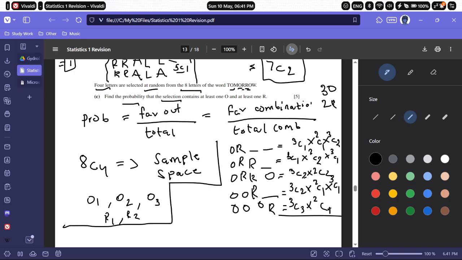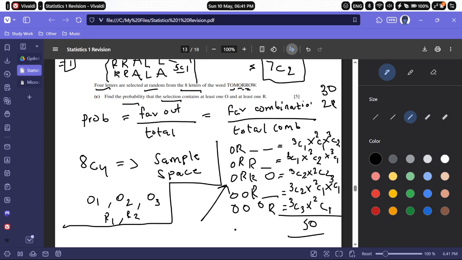This gives you 50. Why did you do 3C2 into 2C2? Are you talking about over here? That's because for probability, you would treat all the letters as separate. Like you won't treat them as identical letters.